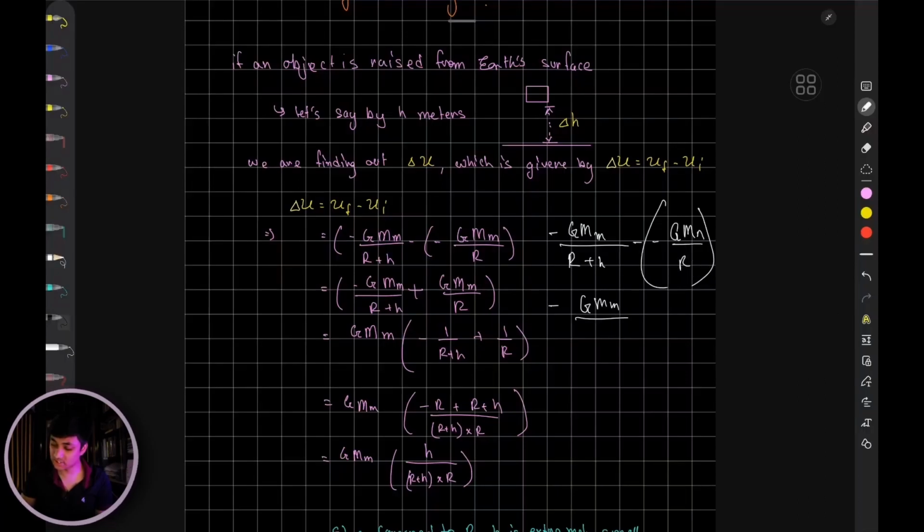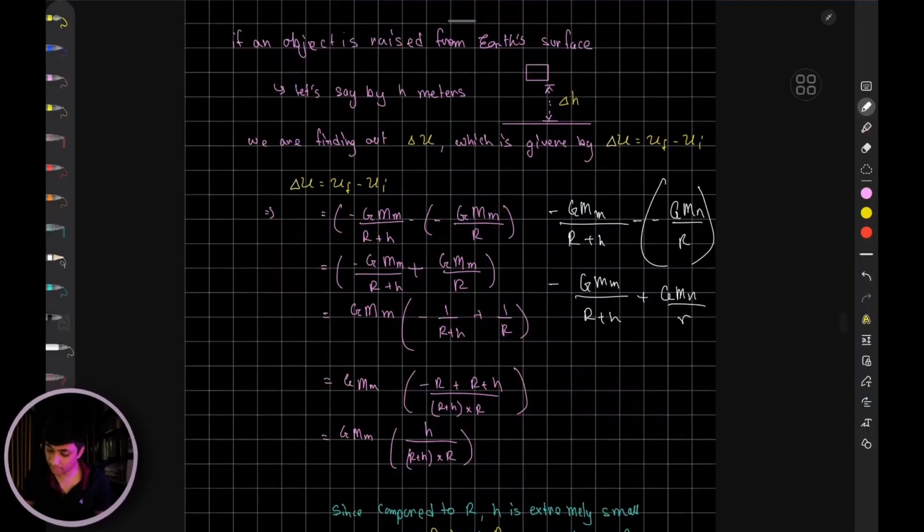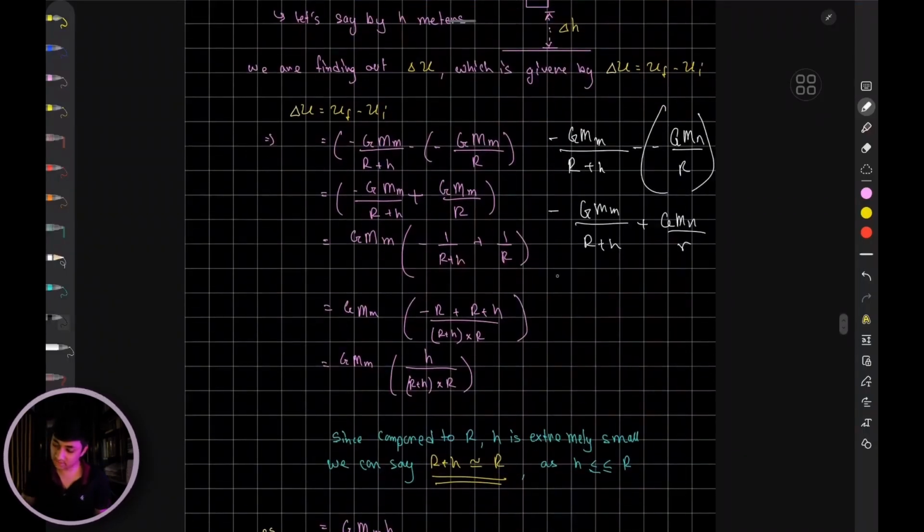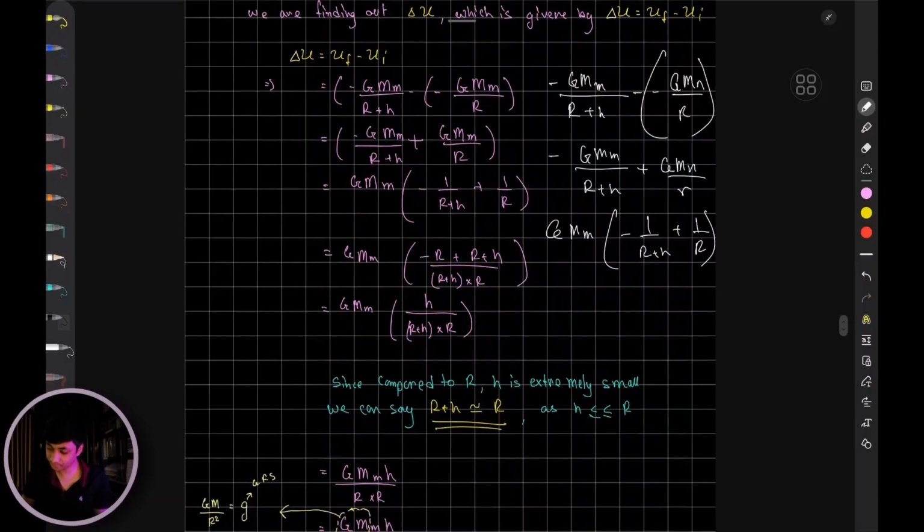By the way, initial means near the surface of Earth. On the surface, the distance from the center is r, the radius. So as you open the brackets, it is minus GMm by r plus h plus GMm by r. Now, taking the constants out, therefore GMm times minus 1 by r plus h plus 1 by r.